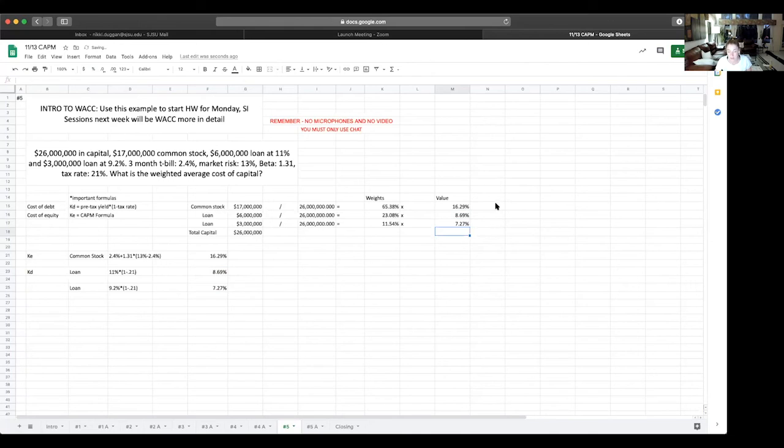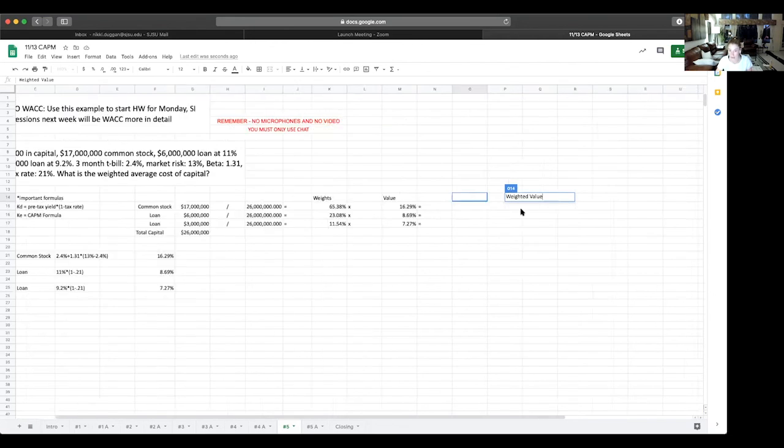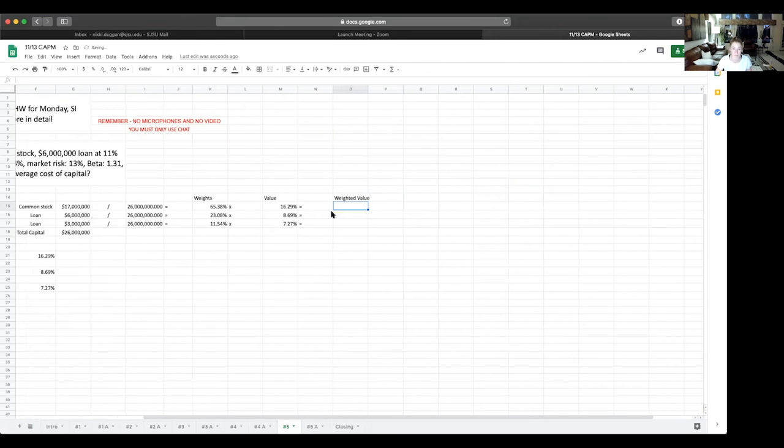All right, so now I'm at the step where I can solve it. After you multiply your weights times your value, that's how you find your weighted value, or your weighted average. This is your final step. It's just multiplying everything that we typed out: you do weight times your value, and you fill it in for the other ones.